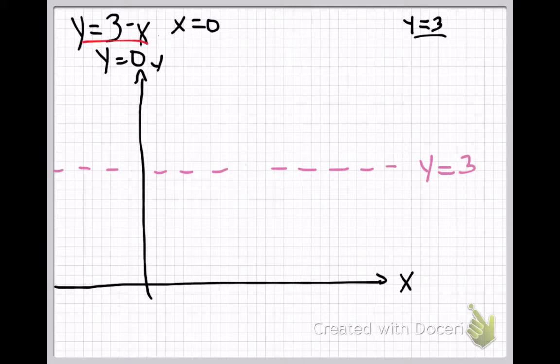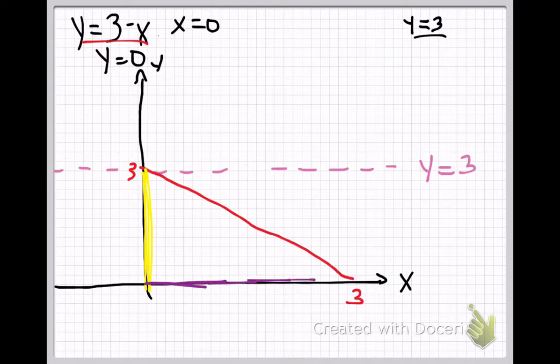Alright, and let's try to use a similar color scheme from before. So we're going to start at 3 here, and we're going to go down to 3 on the x-axis. And then we've got the line x equals 0, and the line y equals 0. Okay, so now we are taking this bounded region that I'm highlighting here, and we are going to rotate it about the line y equals 3, right here.